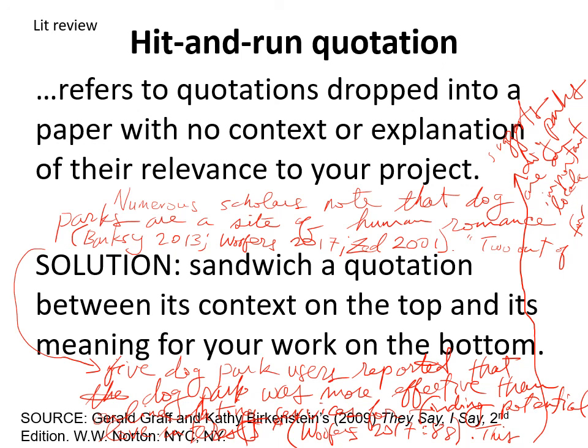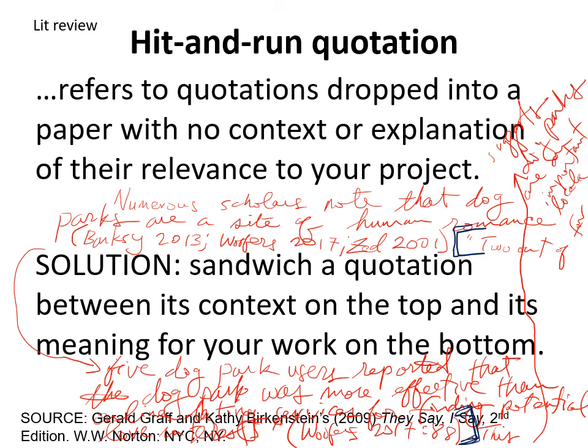a hit and run quotation, would be a quotation in which you're telling me about what you found out about dog parks, and you just drop in there basically everything from here. 2 out of 5 dog park users reported that the dog park was more effective than online dating services for finding a potential love interest. And then there's the source.